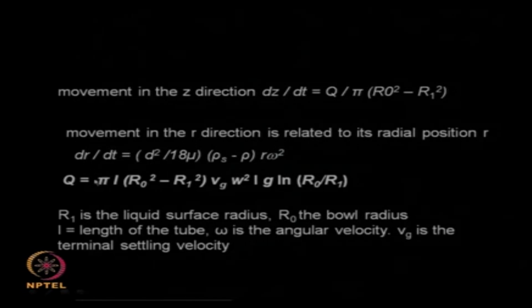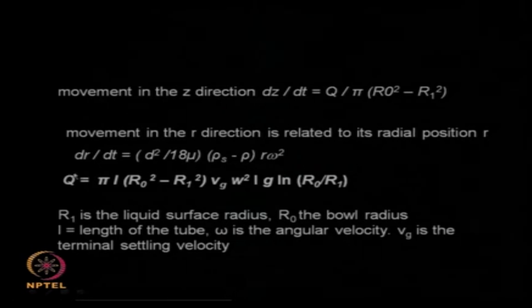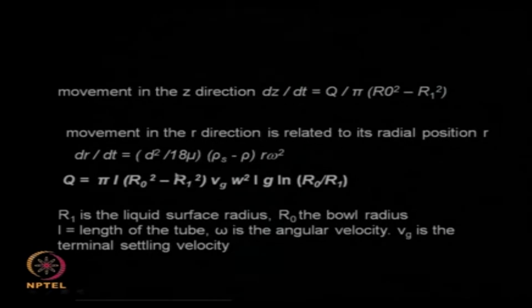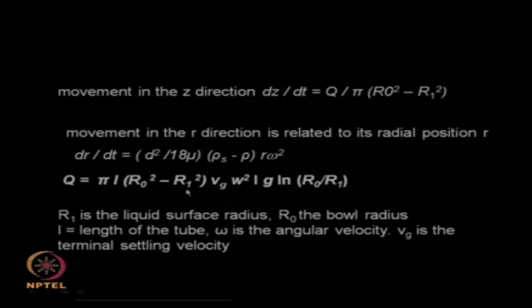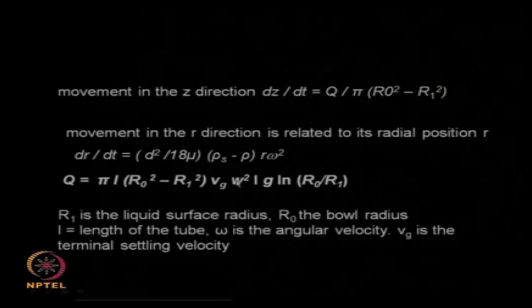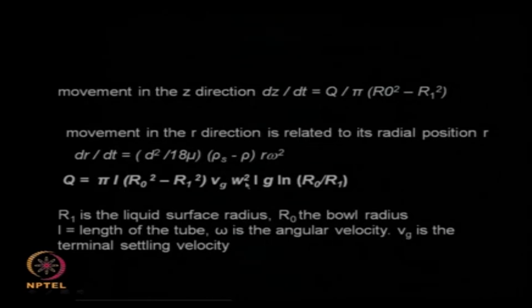So we can combine all these relationships to arrive at a final equation for Q, the throughput through a tubular bowl centrifuge, as a function of R naught, which is the bowl radius, R1, the liquid surface radius, L, the length of the tube, omega, the angular velocity, and V, the terminal settling velocity.